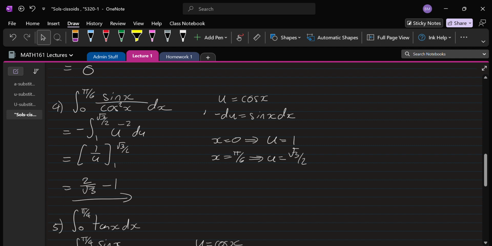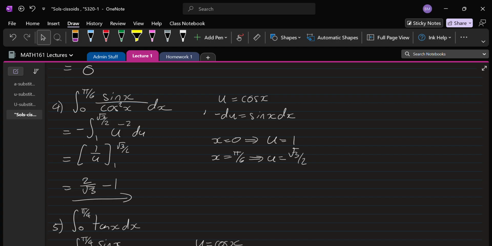Okay, any questions on this for definite integrals? Number 4. Yep. You could, but then that's just more work for you to do. Remember, from now on, there's always more than one way to do these. You could do it like that.